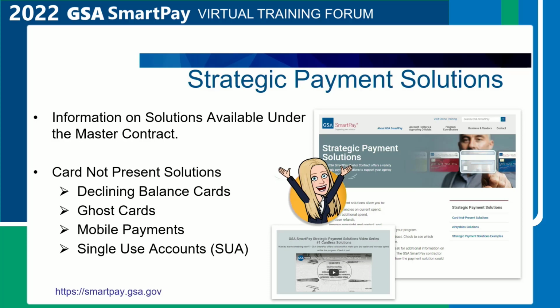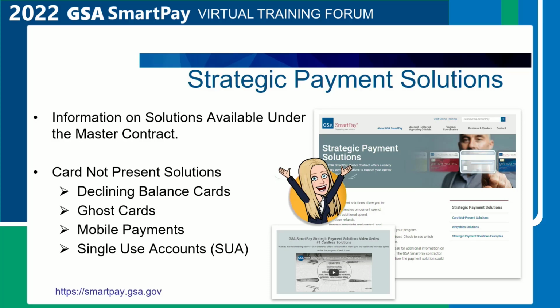Strategic Payment Solutions will allow you to gain efficiencies on current spend, capture additional spend, increase refunds, improve your oversight and control, and gain transparency and accountability within your program. Card not present solutions include declining balance cards, ghost cards, mobile payments, and single-use accounts, or SUAs.